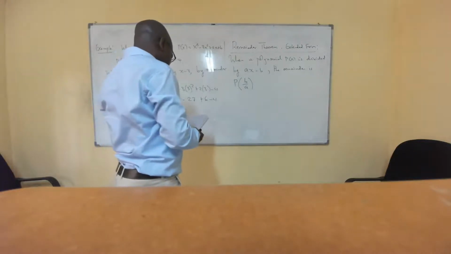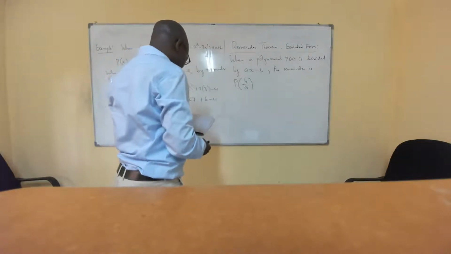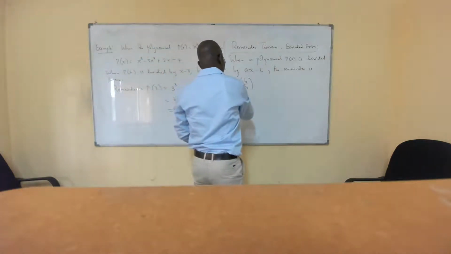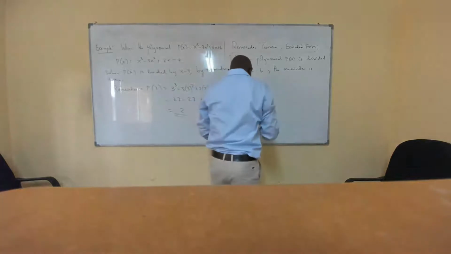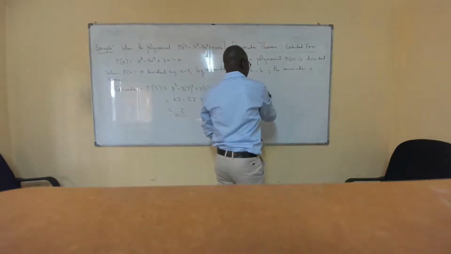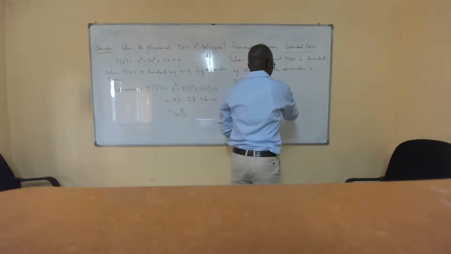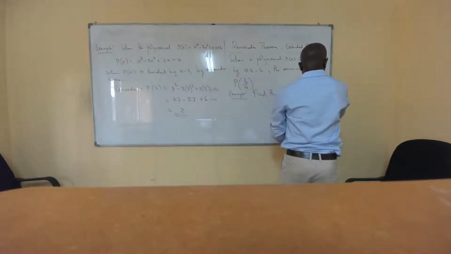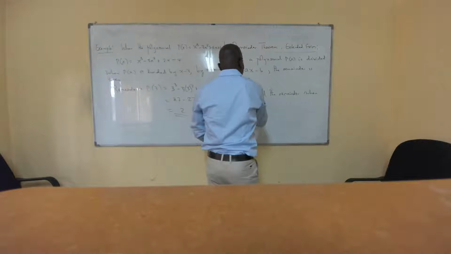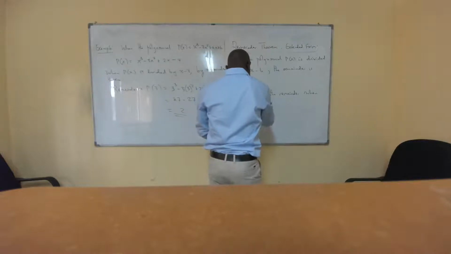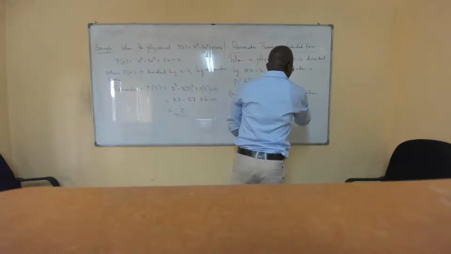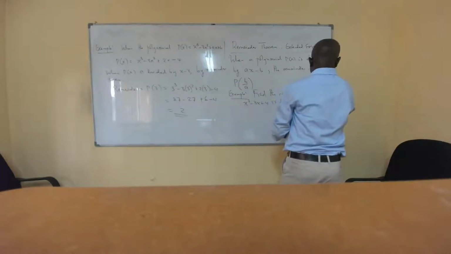We can use a similar argument as before as a proof. So, example: find the remainder when x to the power 3 minus 3x plus 4 is divided by 2x plus 3.